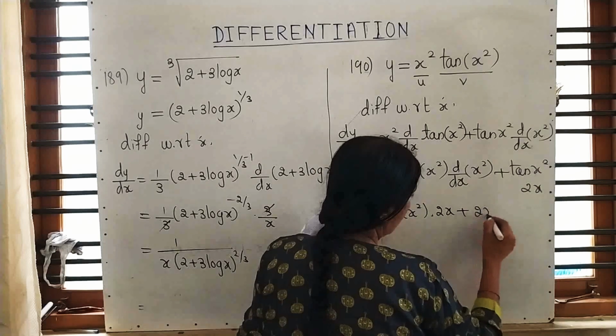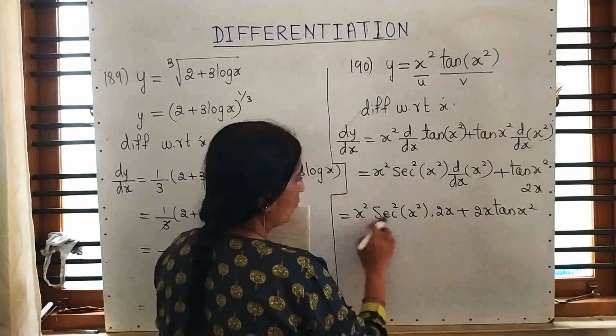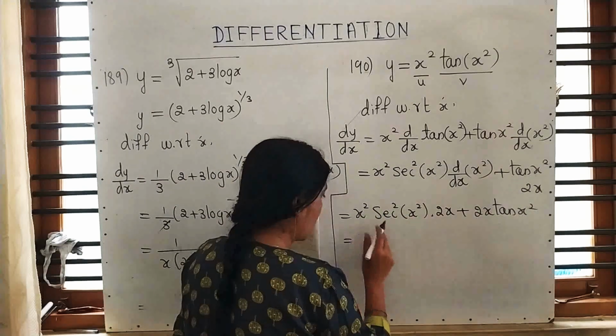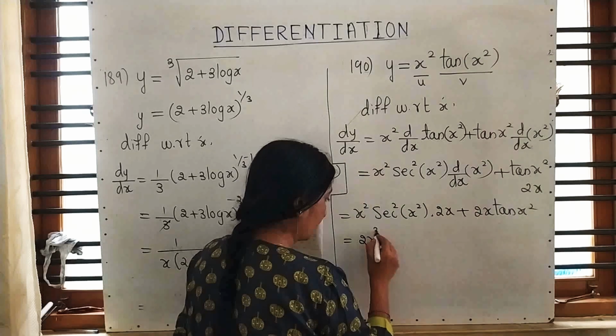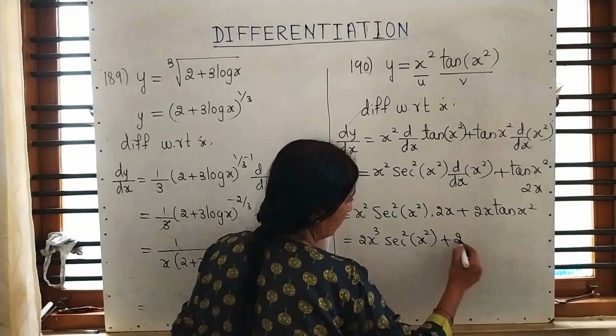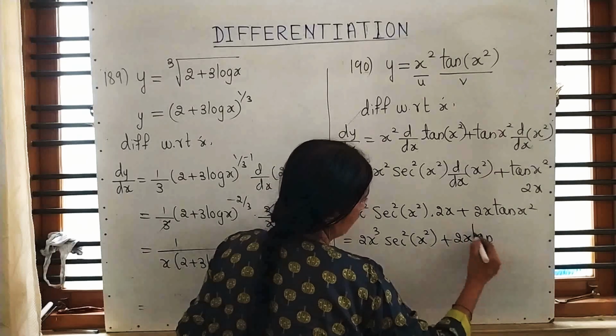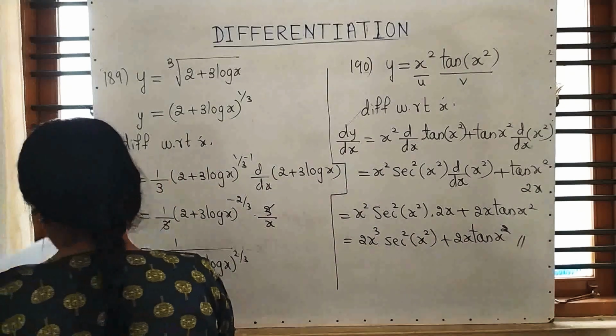Don't mix that. And now you can multiply this, because here this is without trigonometric term, this is also without trigonometric term. This is the answer. Clear or what?